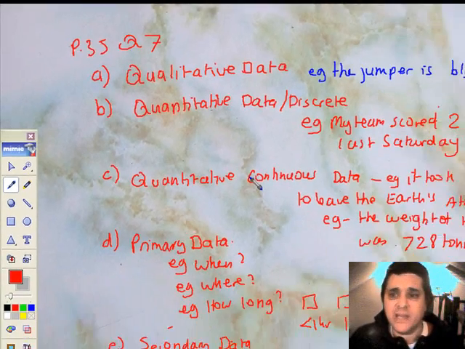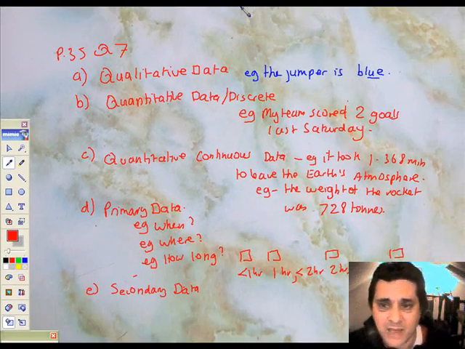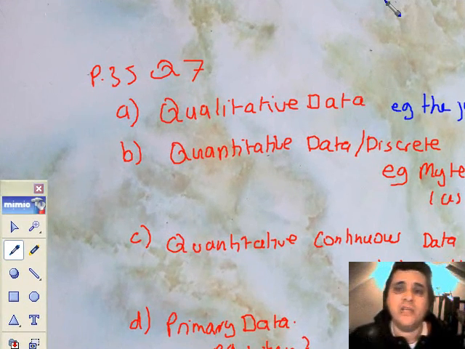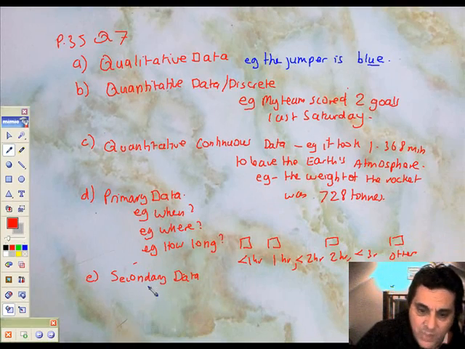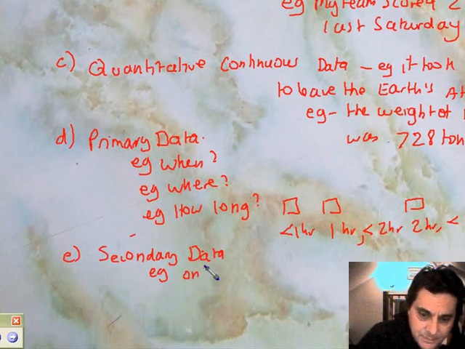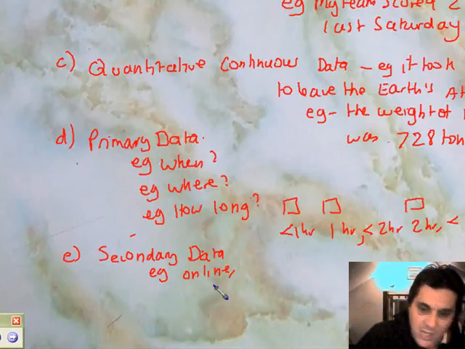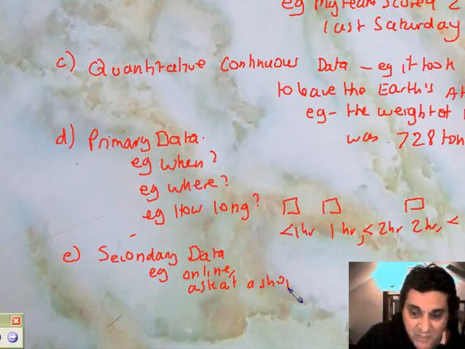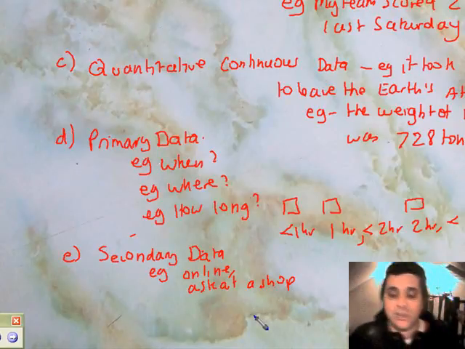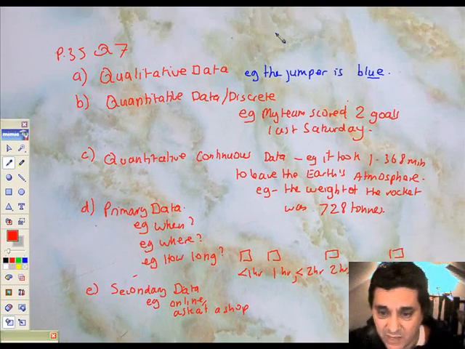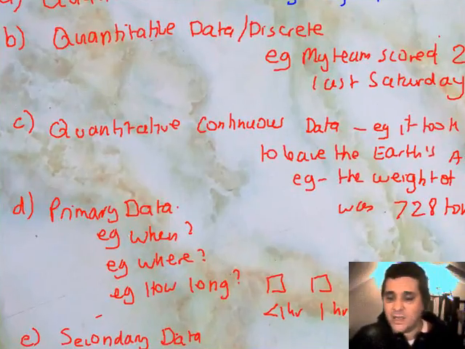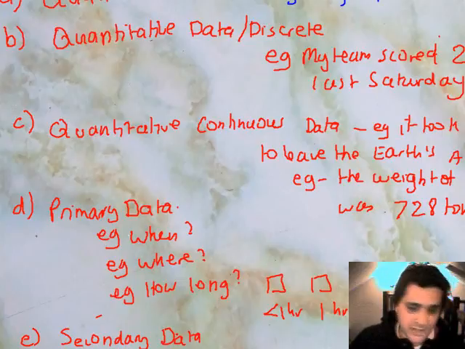All this is secondary data that could be found online, from a magazine, from almost anywhere. You can get data that has been published for you. So where can you go? Go online, or ask at a pet shop. Don't go and ask in Tesco's, I don't think they sell them there, not now anyway. So online, ask at a pet shop. That's secondary data for your pet rat.